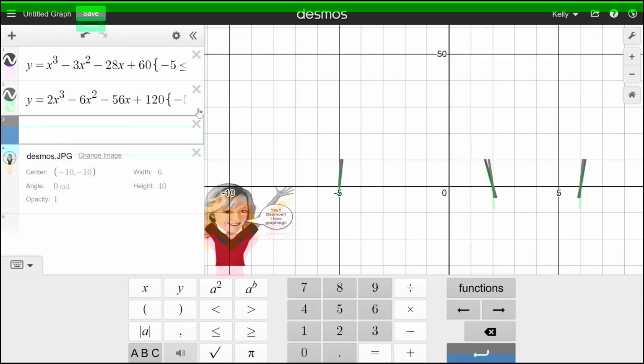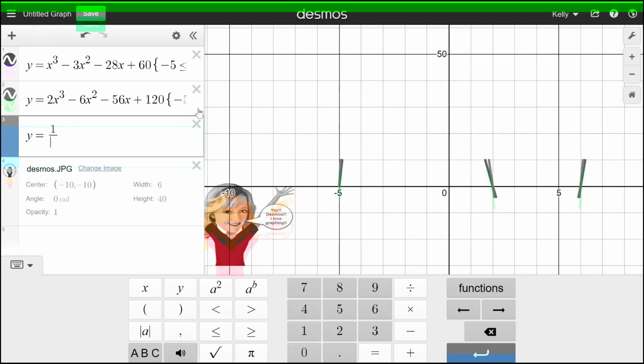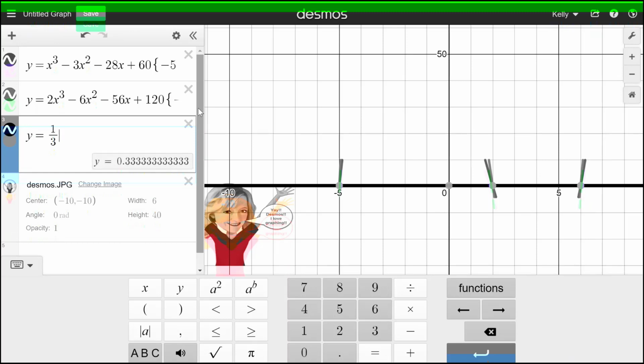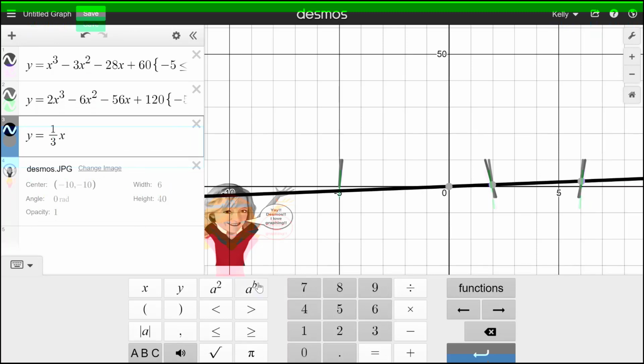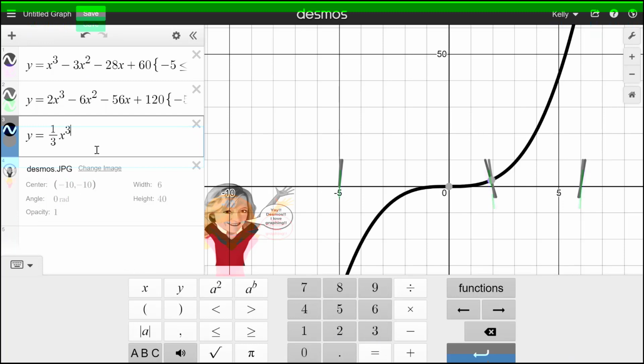Now, how about if we go smaller than that? We go with one third of the original. So we're going to go y equals 1/3 x cubed, then minus x squared, because we're doing it off the original, if you're wondering what I'm doing.